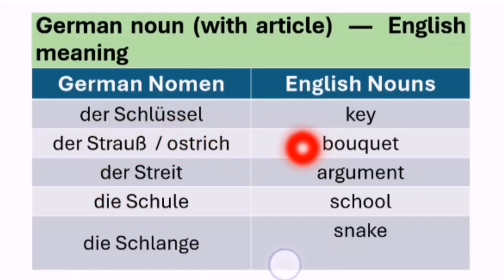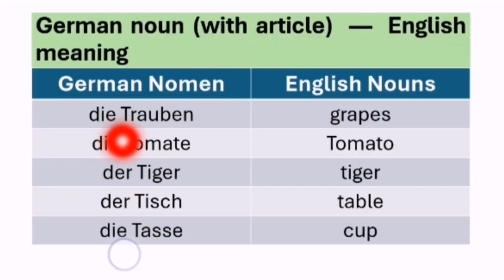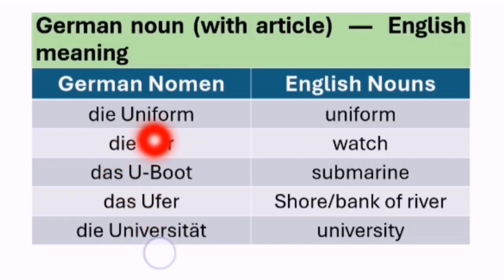Der Schlüssel, key. Der Strauß, ostrich. Der Streit, argument. Die Schule, school. Die Schlange, snake. Die Trauben, grapes. Die Tomate, tomato. Der Tiger, tiger. Der Tisch, table. Die Tasse, cup. Die Uniform, uniform. Die Uhr, watch. Das U-Boot, not boot, boat. Das U-Boot, submarine.